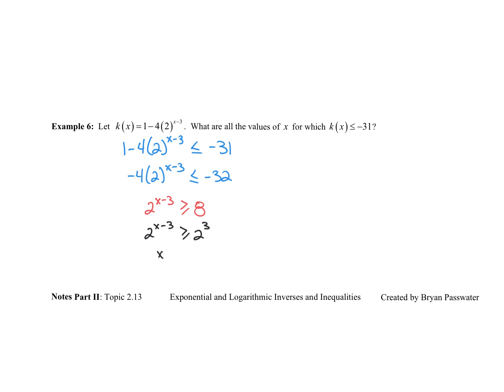So x minus 3 is greater than or equal to 3, and so x is greater than or equal to 6. How could I put that in interval notation? 6 to positive infinity. Now, do we get to include 6? Yes, so what should we put on it? A bracket.